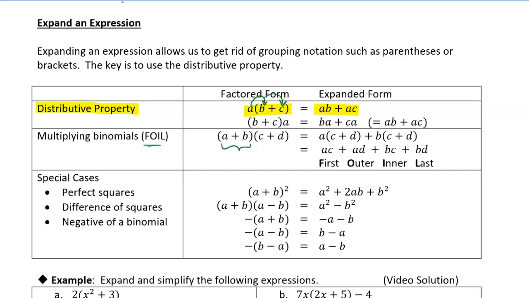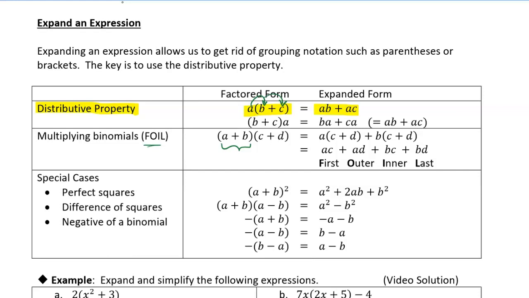All right, now you may have learned the acronym FOIL, which just means first, outer, inner, last. So we can multiply the first term of the first factor times the first term of the second factor, right? That's where the first comes from. We can multiply the outer two terms of the two factors, the inner two terms of the two factors, and then the last, all right? So you may have learned that kind of shortcut, but it's really just the distributive property.